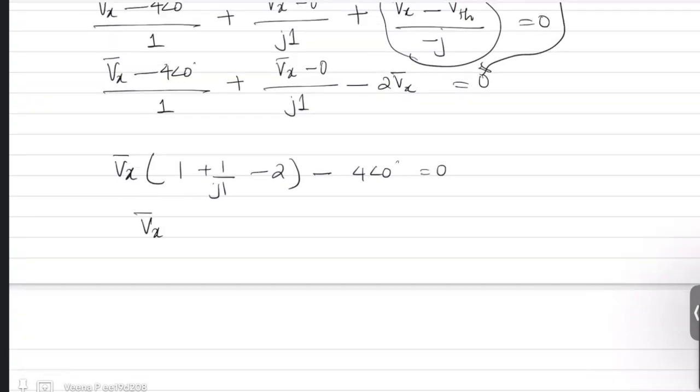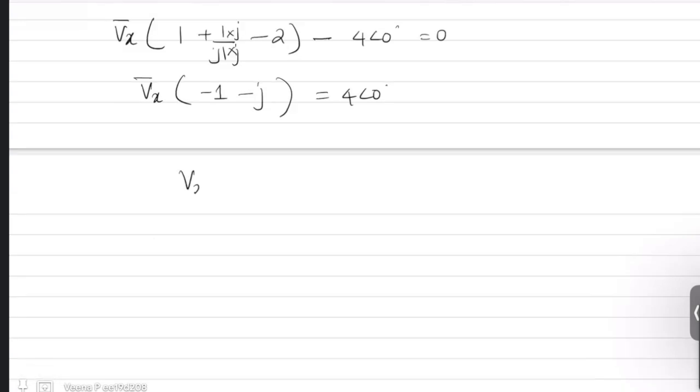This is written as Vx into minus 1 minus J, where I multiply both numerator and denominator by J. So minus 1 minus J times Vx is equal to 4 angle 0. So you will obtain your Vx as 4 divided by minus 1 minus J.